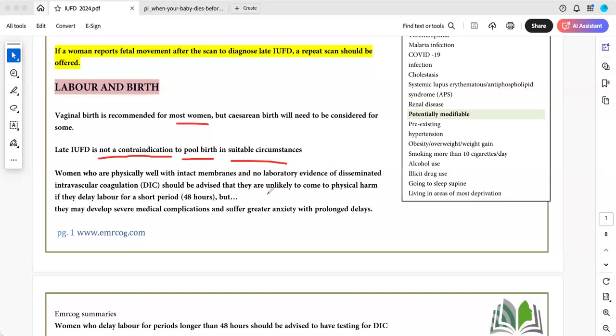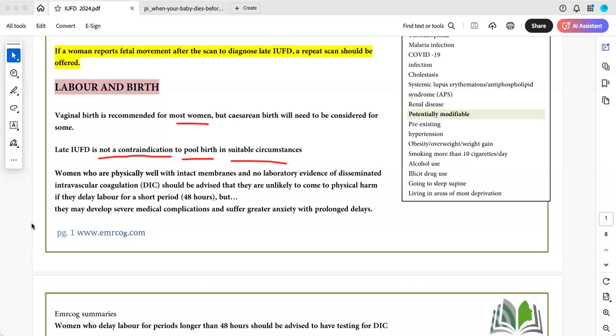When you advise the woman to think about induction of labor, what do you think is the time when we can discuss this with her? Anybody know the answer to this question?